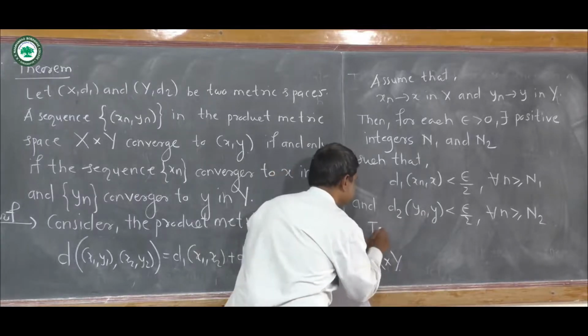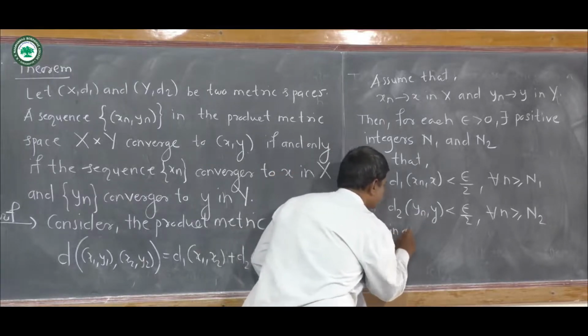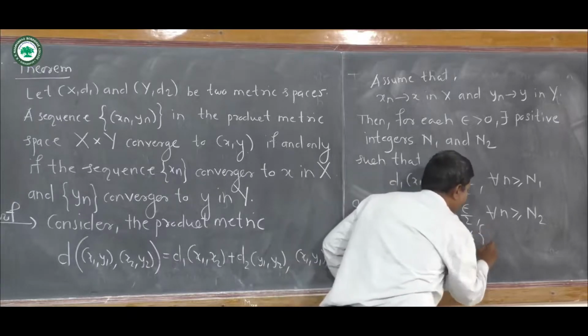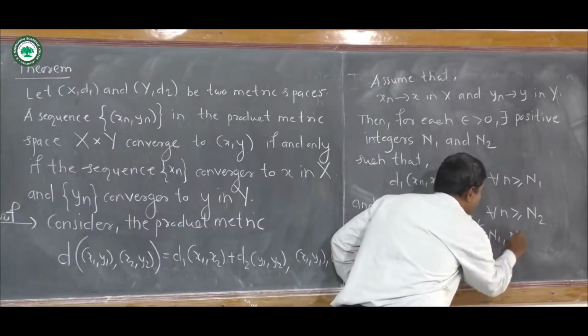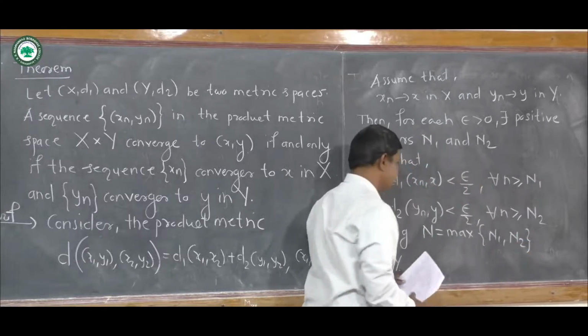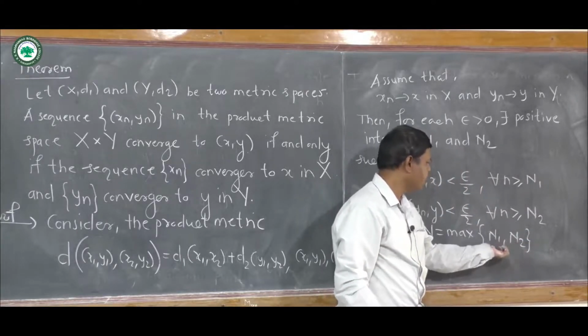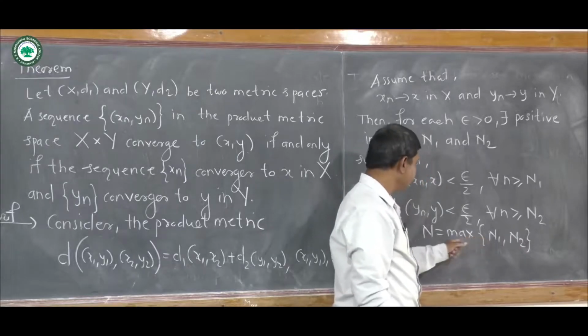Now taking n is equal to the maximum of n1 and n2, that is, consider the maximum value from these two numbers n1 and n2 and take that value as n here.